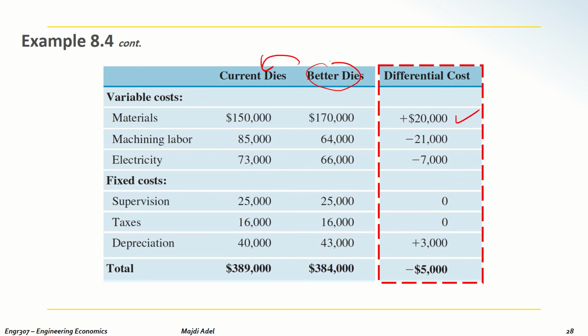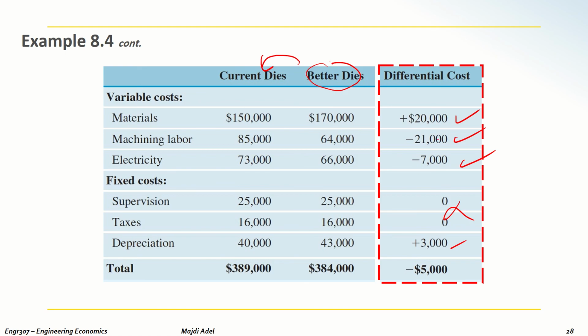I will have extra cost in raw materials, which is $20,000. I will have savings in machine labor of $21,000. I will have savings of $7,000 in electricity. No change for supervision and taxes, so they are not considered. And I will have more cost in depreciation, which is $3,000.